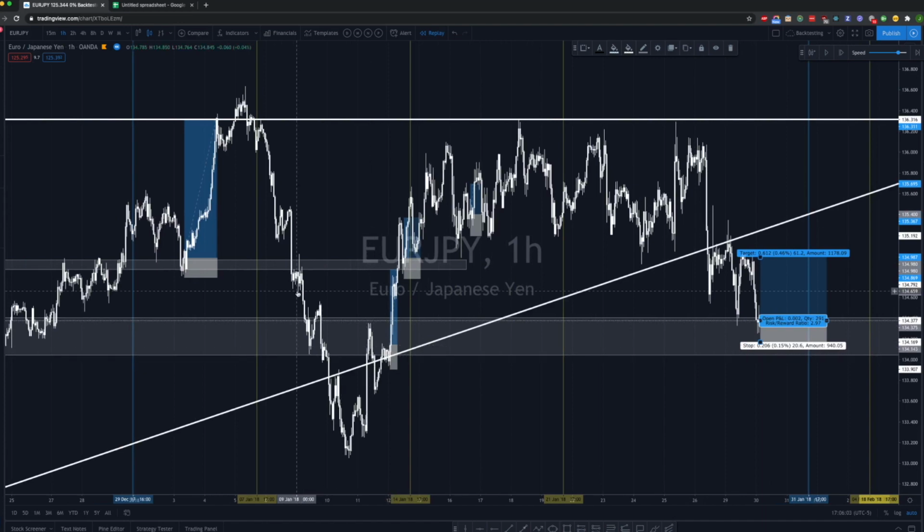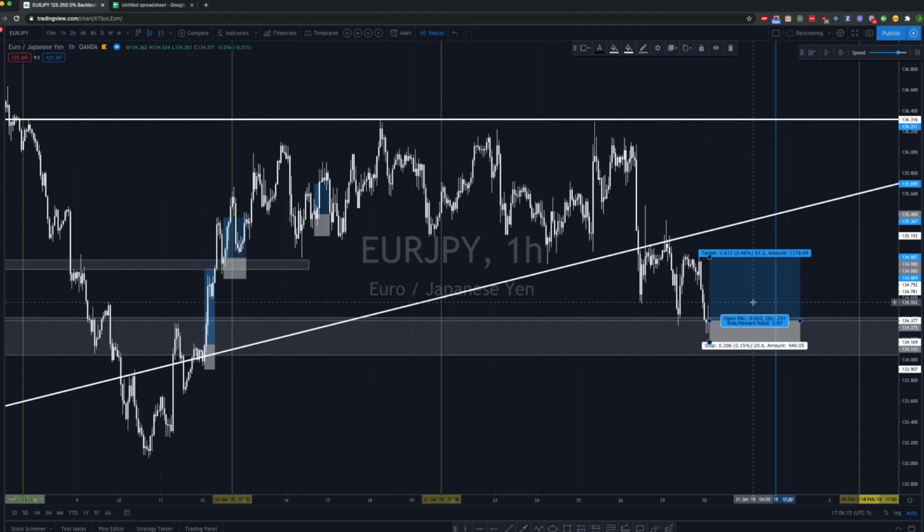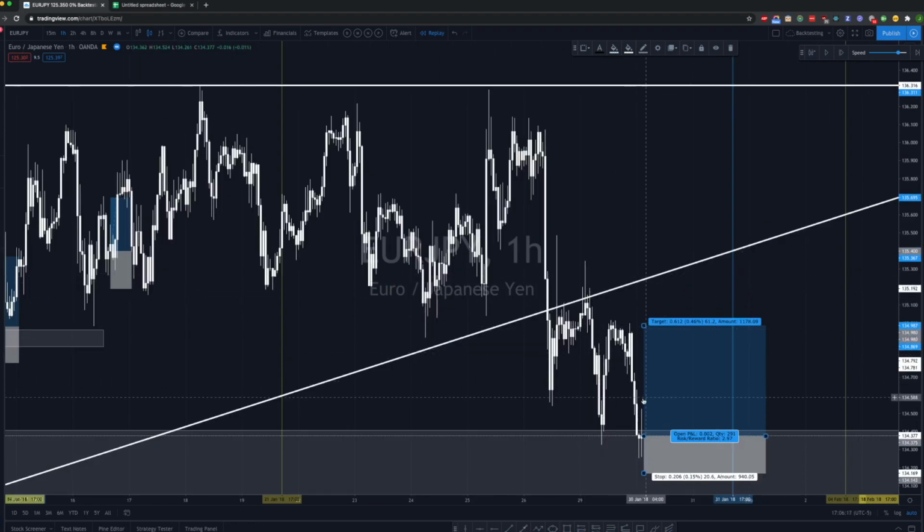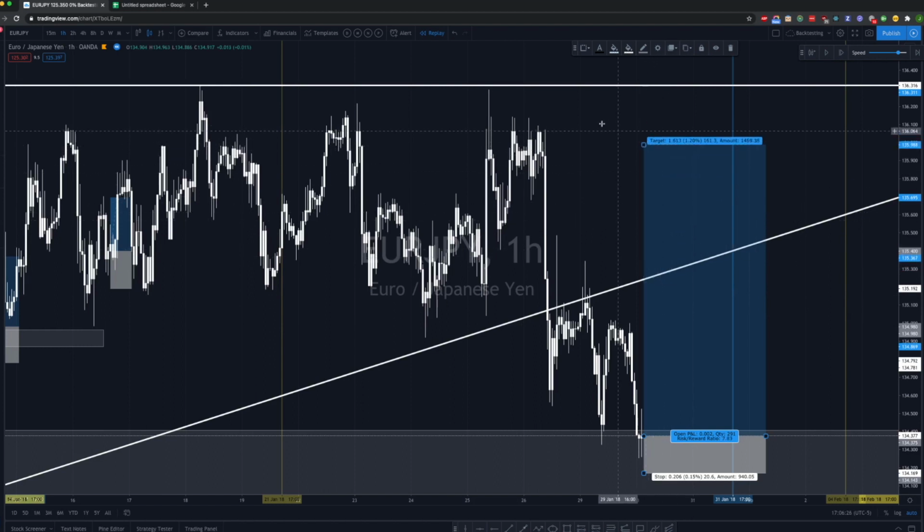It spiked through, grabbed liquidity, ranged, and came back down. The sellers tried to take over, but then it showed this corrective movement into my level. So I think we'll probably see it recover to these levels.